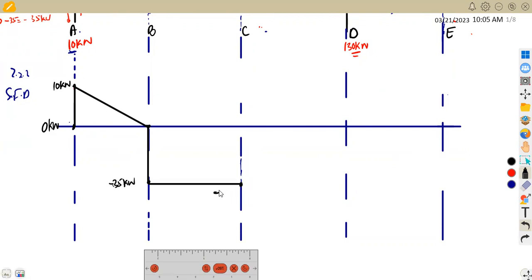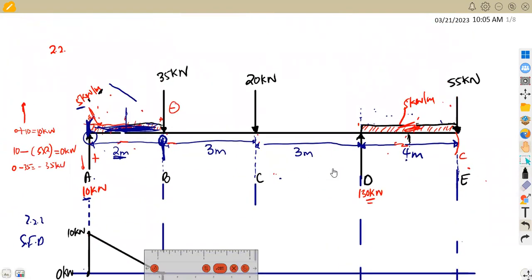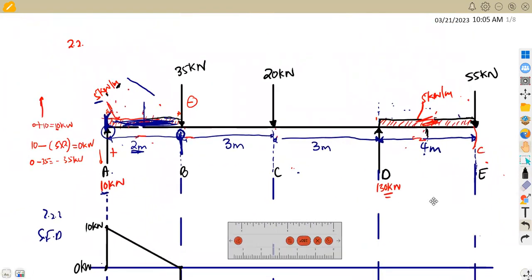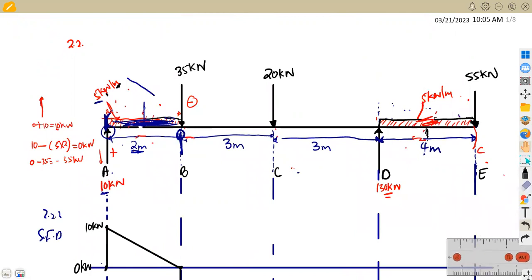So we are still at negative 35 kilonewton at point C. All right, now at point C, there is a point load again. We've got a point load of 20 kilonewton, which is a negative. Remember, we are still at negative 35.